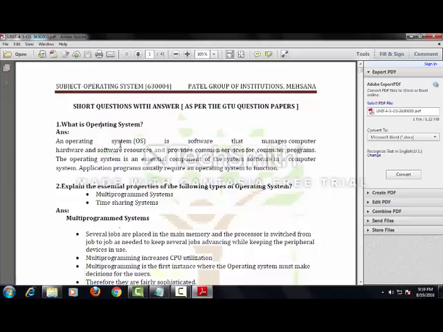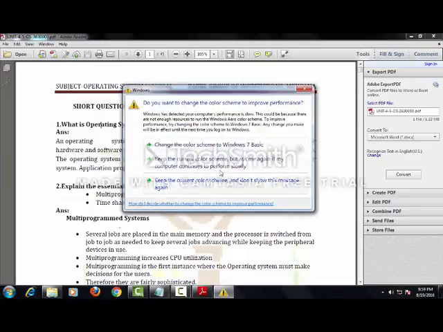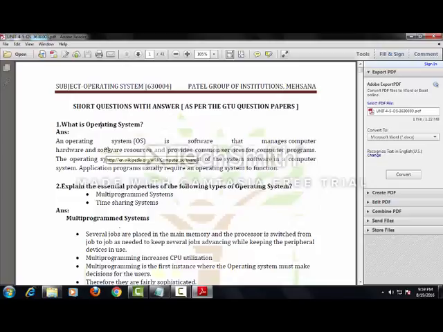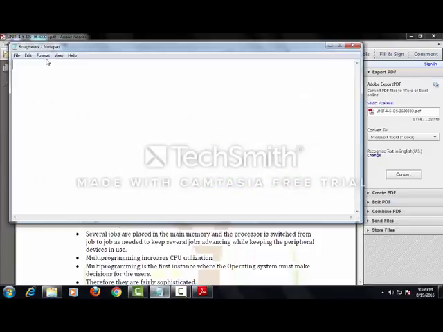Operating system also creates an interface between user and hardware, right? Sorry for the interruption. Operating system makes an interface between user and applications. Let me show you. Users and applications, it makes the interface.